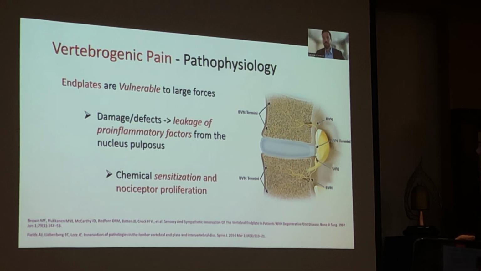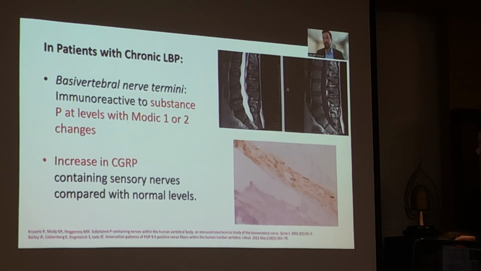Well, we see similar processes that go on within the trabecular bone and the bone marrow when those same factors are allowed to migrate into that area. So in a subset of patients, why we don't know, there is a chemical sensitization and there is proliferation of nociceptors.